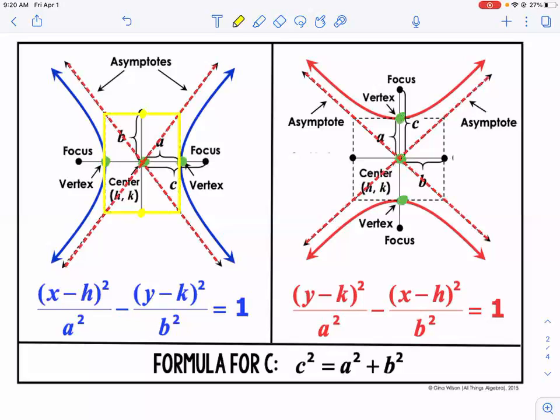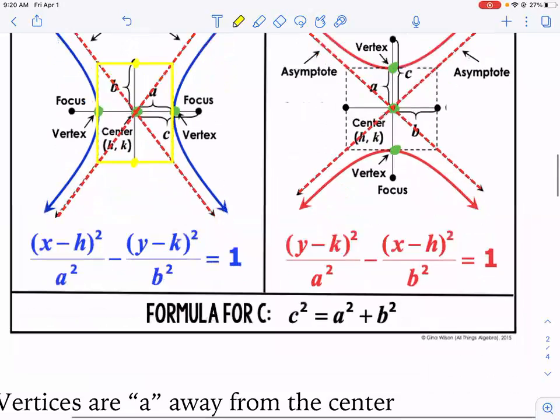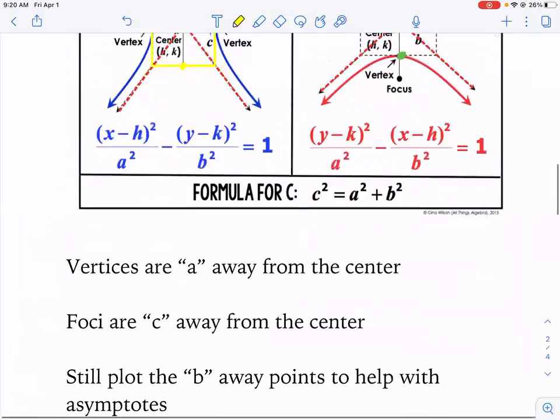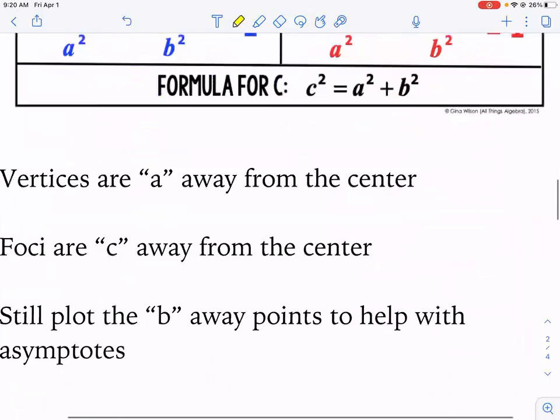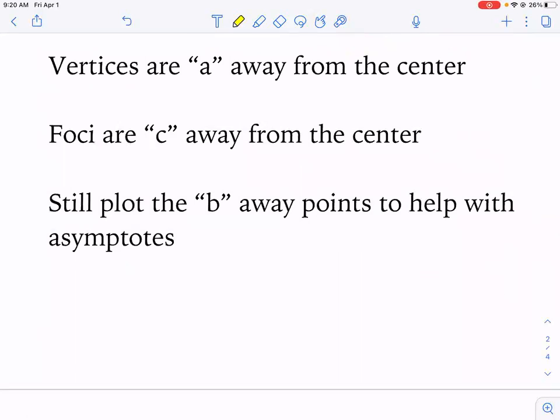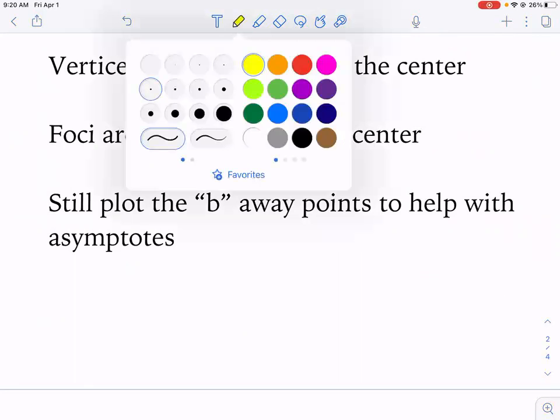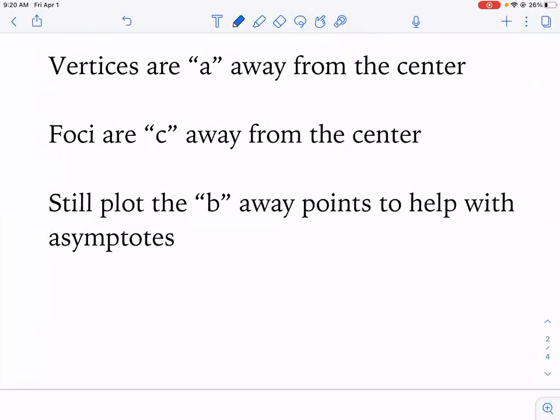okay, so I'm going to kind of give you some hints here. So just like before, our vertices are a away, our foci are c away. We're still going to plot b away to draw our rectangle. Okay. When we write the equation of a line with our asymptotes, I want us to remember what point slope form is.